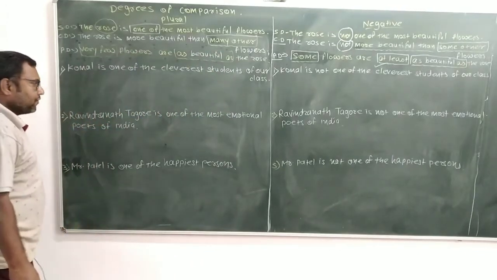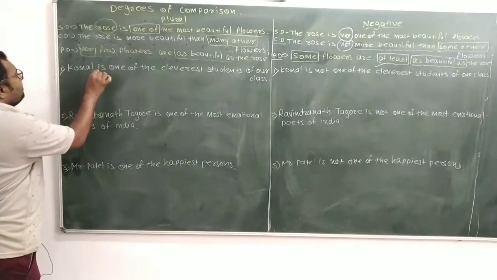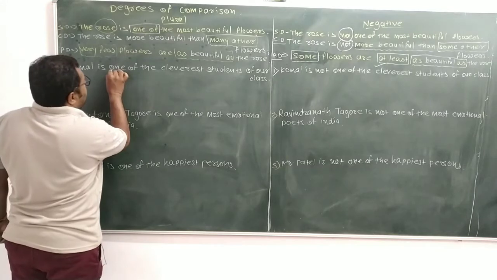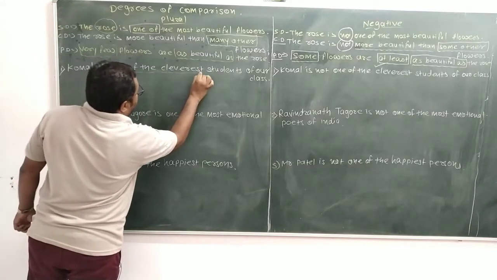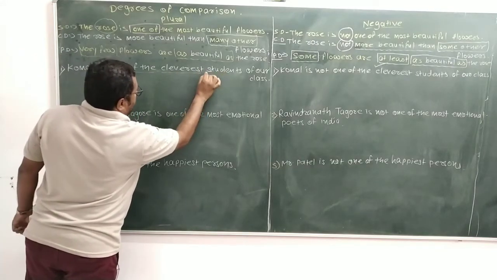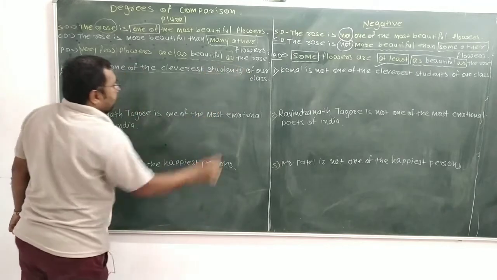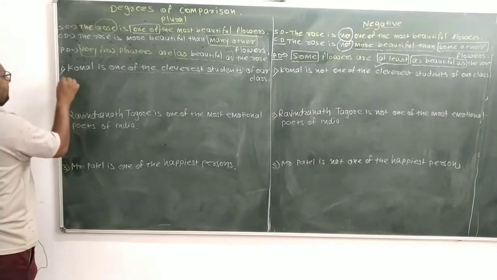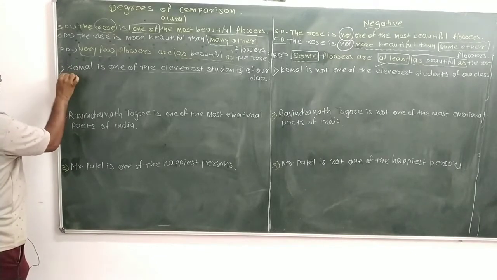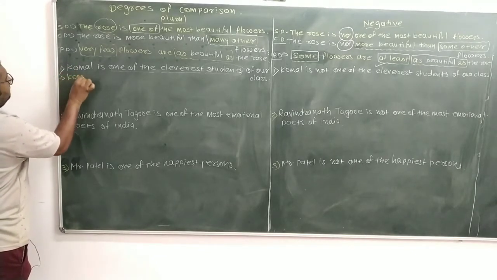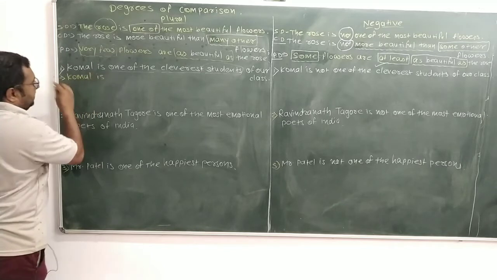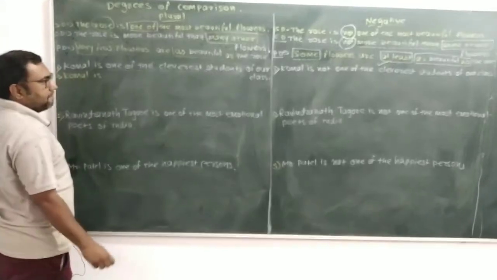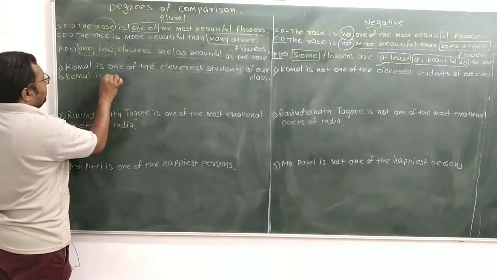First of all, you know very well that now we are going to make the comparative degree. Komal is one of the cleverest students. So what is Komal? A student. Now how to make the comparative degree? Komal is, remove "one of the". What is the comparative of cleverest? Cleverer.